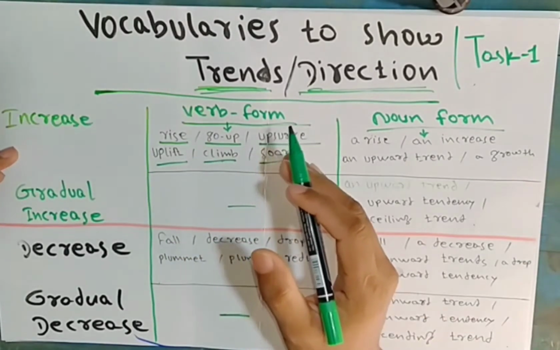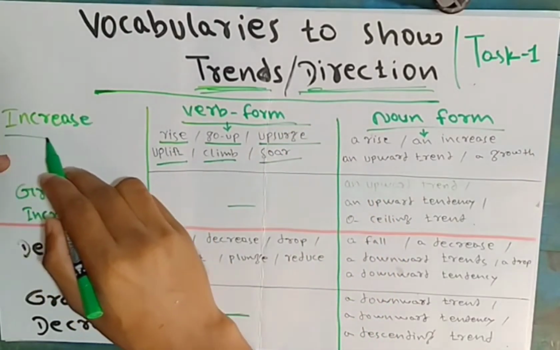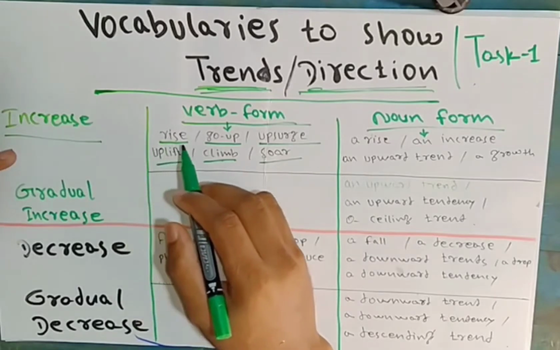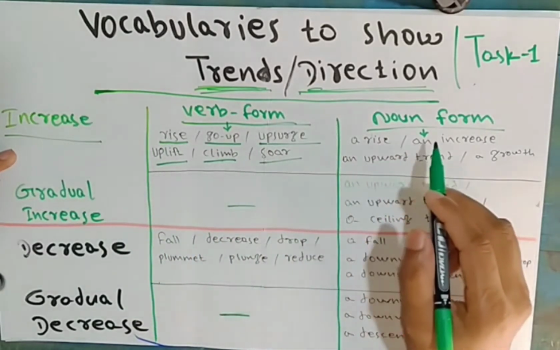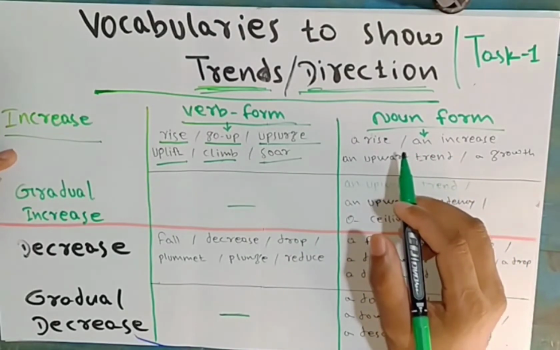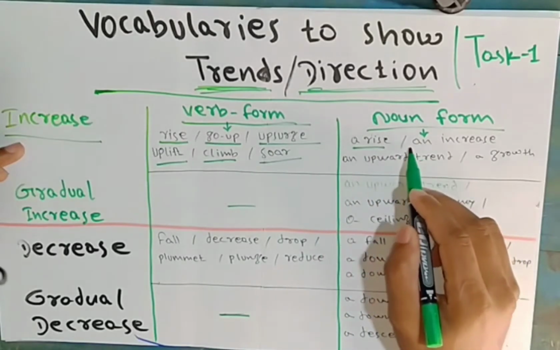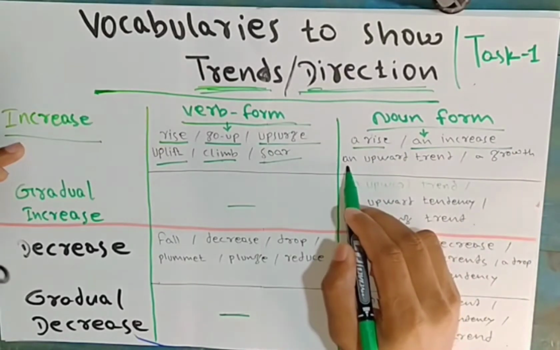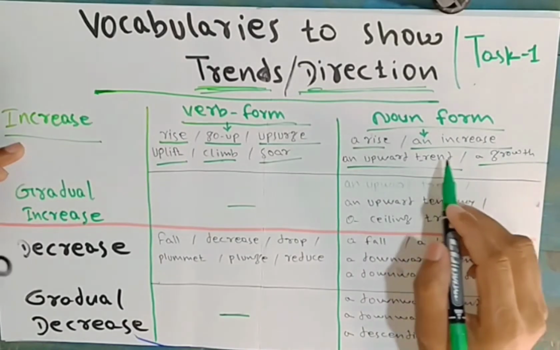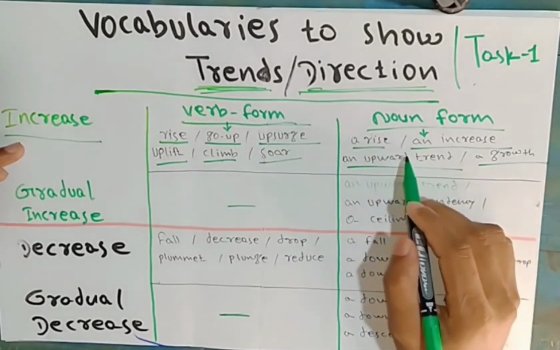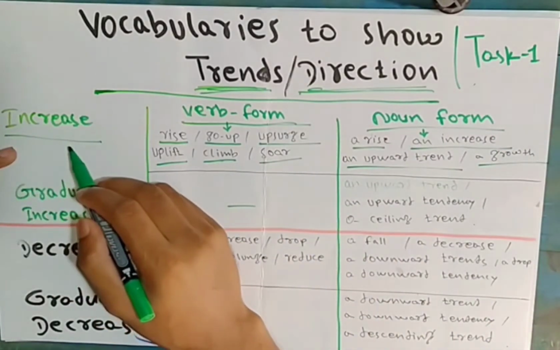If you need a word in the verb position instead of increase, you can use these. And in the noun position, if you need to write increase, you can use a rise, an increase, an upward trend, a growth. So these words will be in the noun position instead of increase, right?